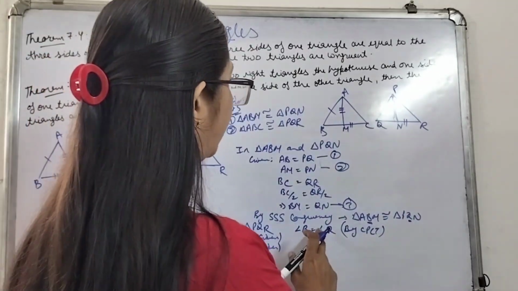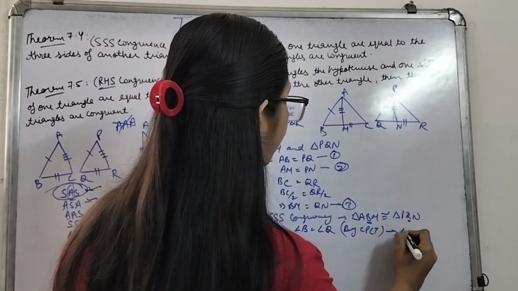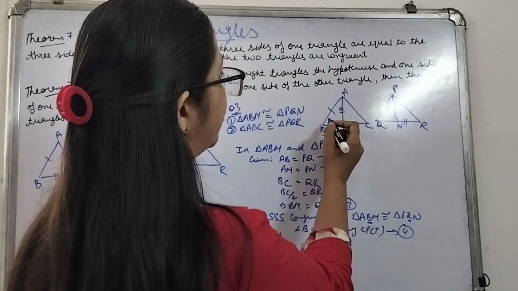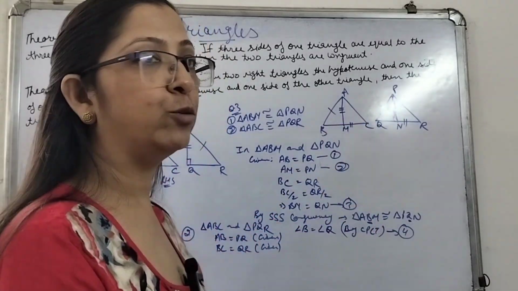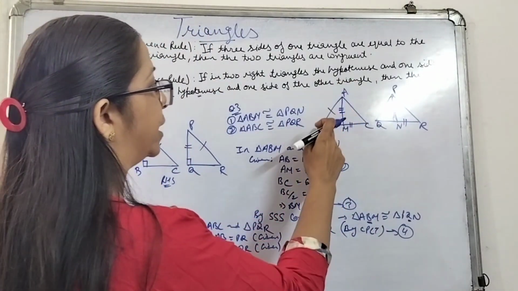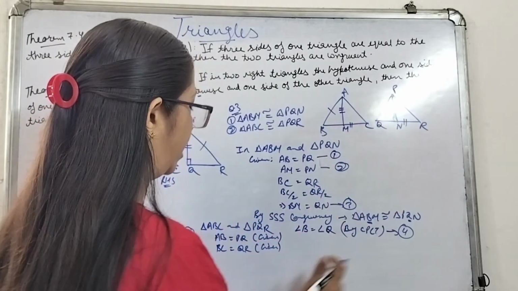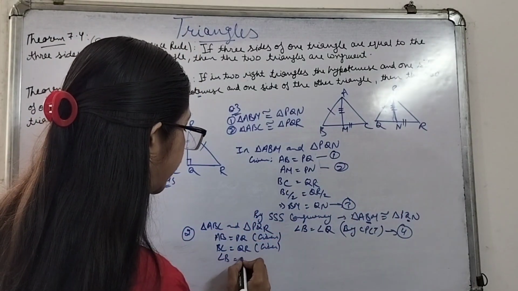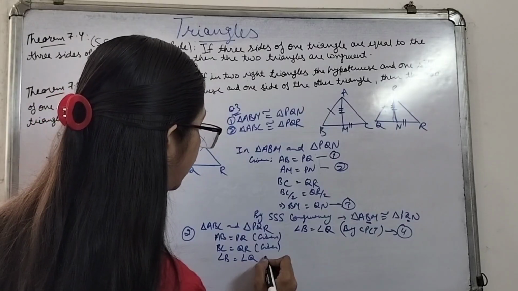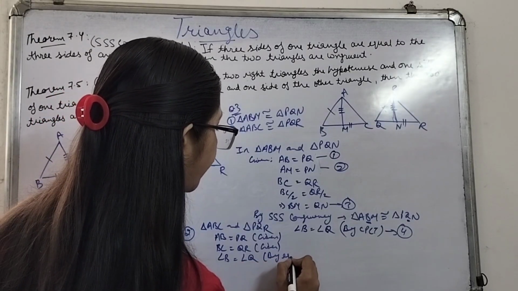And just now we have proved, suppose this is equation number 4, that angle B is equivalent to angle Q. So angle B of triangle ABC is equivalent to angle Q of triangle PQR by equation number 4.